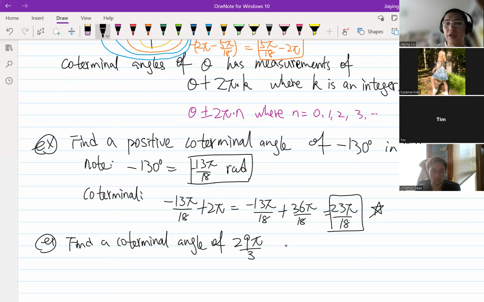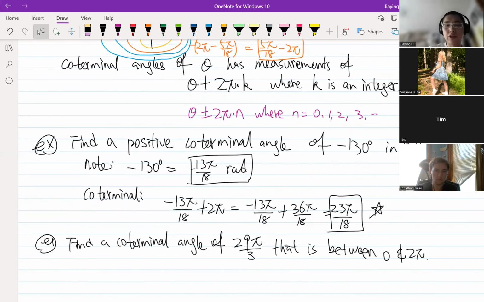So we're going to find the coterminal angle of this, but we want this coterminal angle to be between 0 and 2 pi. So if we just want a coterminal angle, we can add 2 pi, we can subtract 2 pi, it doesn't matter, right? We're going to end up with a coterminal angle. But in this case, we want to find the coterminal angle so that it's between 0 and 2 pi.